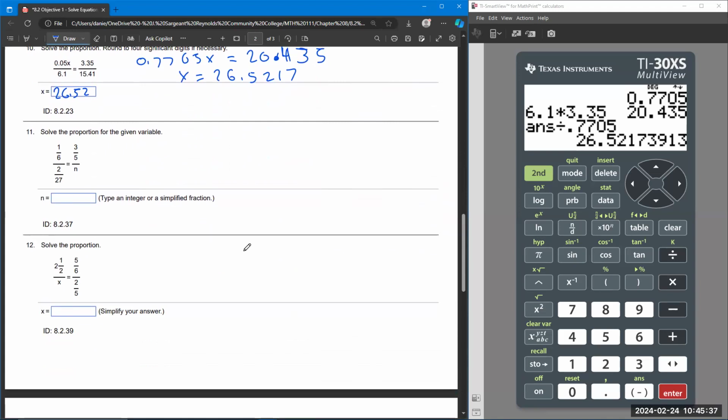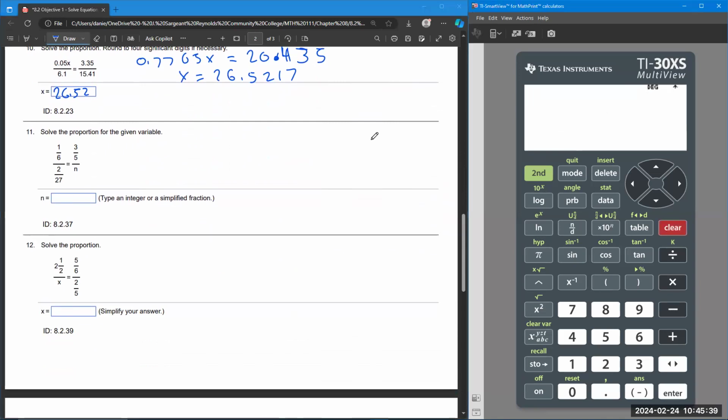Solve the proportion for the given variable. So let's rewrite this if we can. So this is going to be the same thing as 27 over 12 when I do that division of fractions, and this is going to be 3 over 5n. 3 goes into here 4 times and into there 9 times.